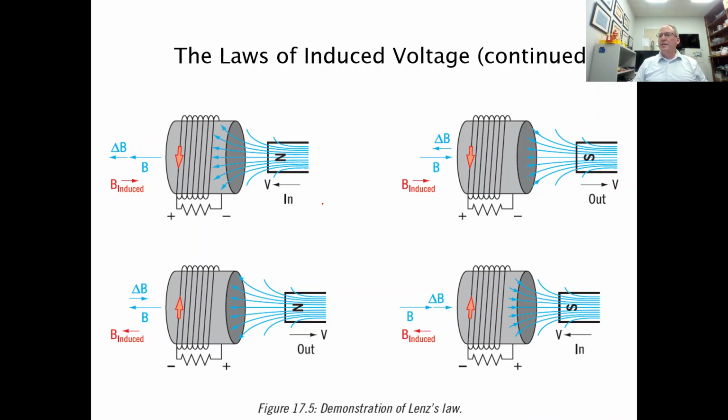So here's some pictures that show the magnetic field, and the induced current is going to go in the direction based on the magnetic field. So if this changes, the current is going in the other direction.